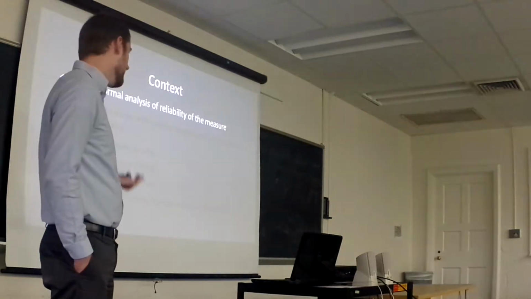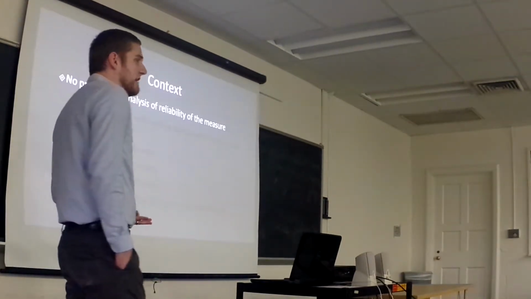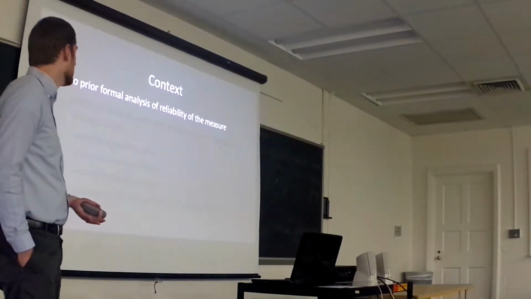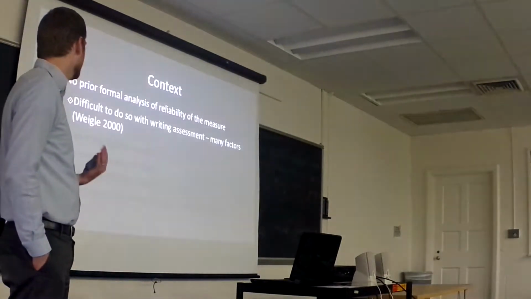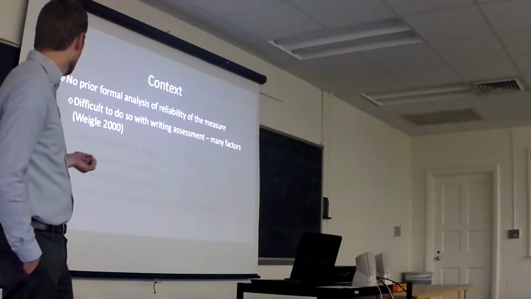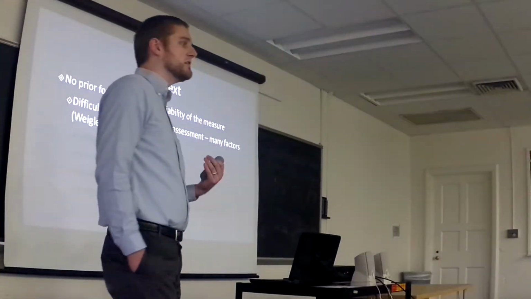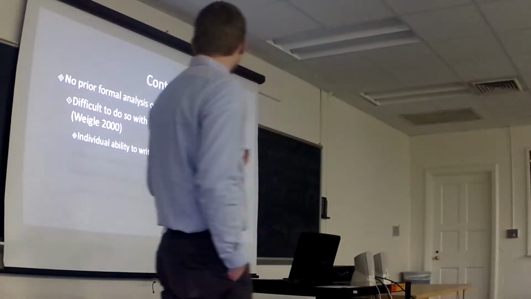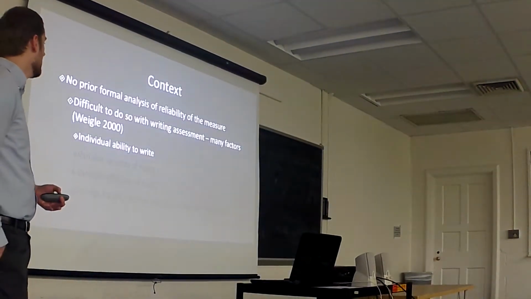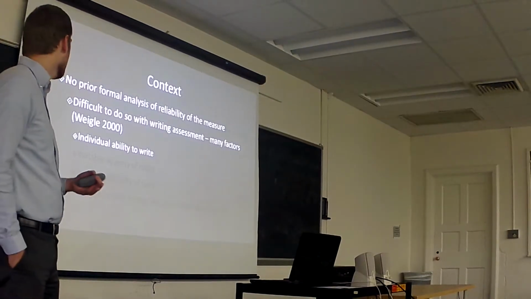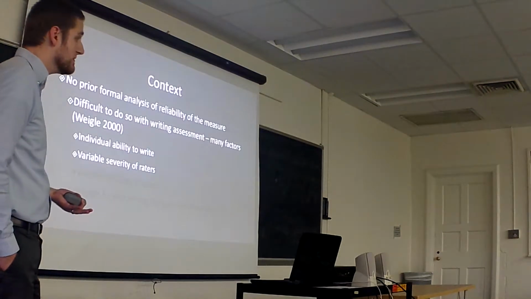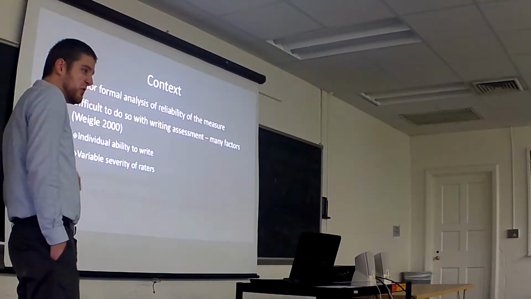But on the other hand, we haven't done a formal analysis or any kind of statistical analysis of the reliability of the measure itself, and it's really difficult to do so with writing assessment. The discussion in the Wagle paper was that there are a lot of different factors involved in assessing writing in this type of format. There's the individual's ability to write. There's the severity of the raters, the human component of it.